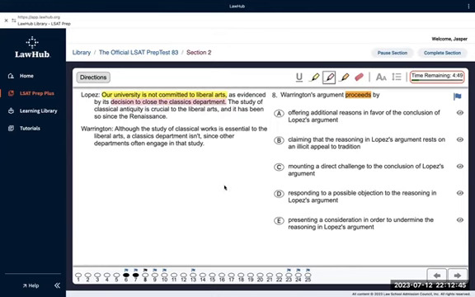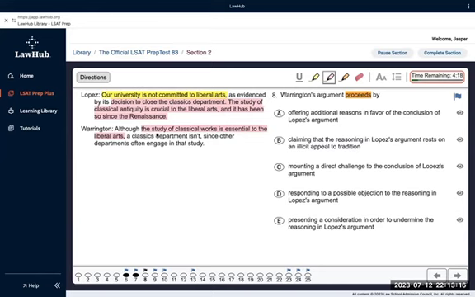The study of classical antiquity is crucial to the liberal arts and has been so since the Renaissance. So this is also support for Lopez's argument. Warrington's response. Although the study of classical works is essential to the liberal arts, so we have a concession here. So Warrington agrees with that point. So the study of classical works is essential to liberal arts.